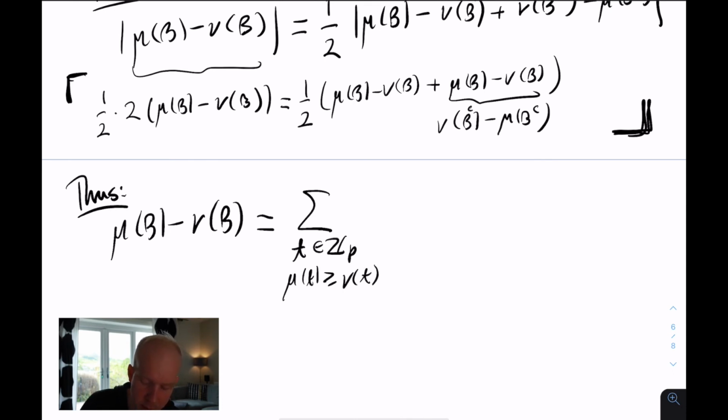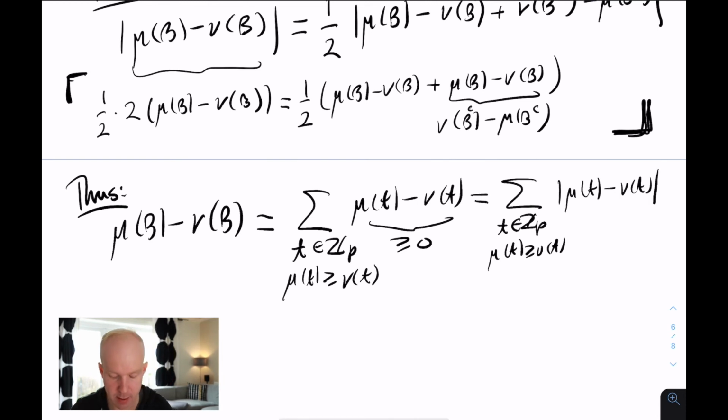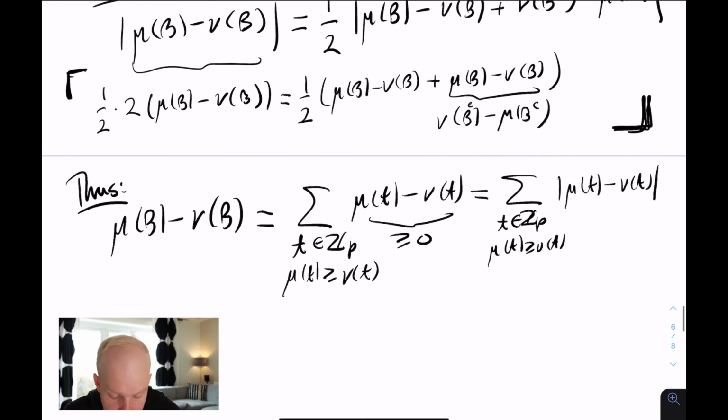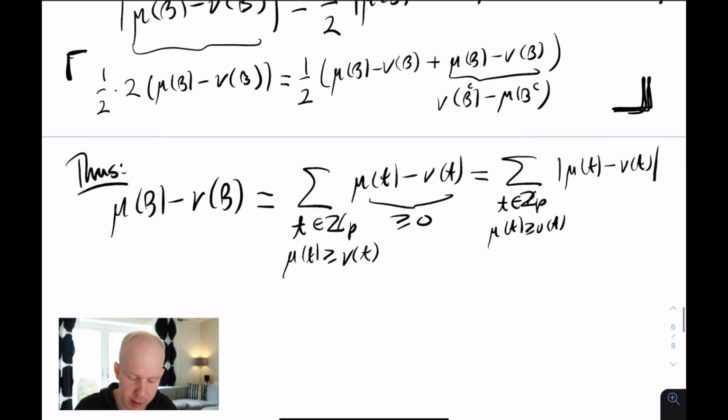This is the definition of B. Since this is non-negative, this is equal to the sum over t in Z_p with μ(t) at least ν(t) of |μ(t) minus ν(t)|. I'm doing this because in this way I can write this difference as a summation over everything, but then you have to take a half at one point using this expression that you have here. That's how the half begins to come.